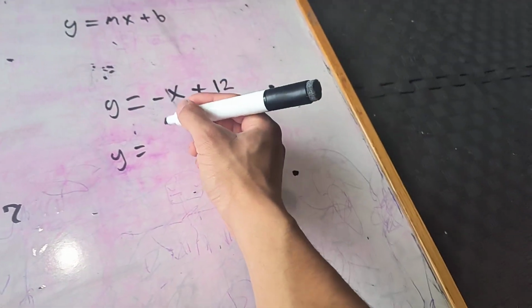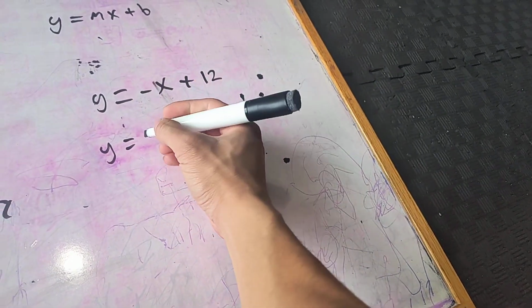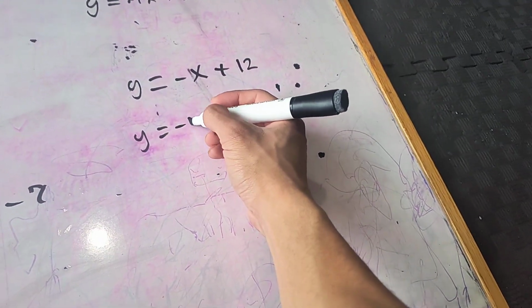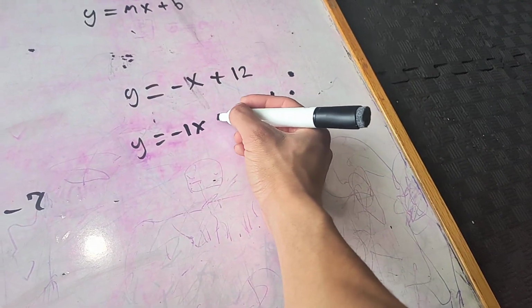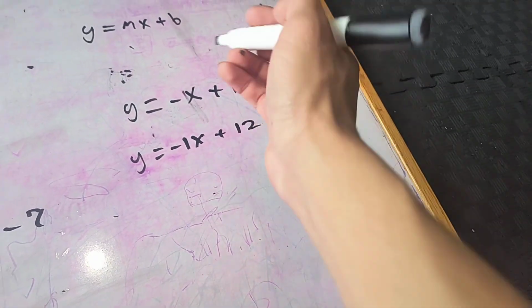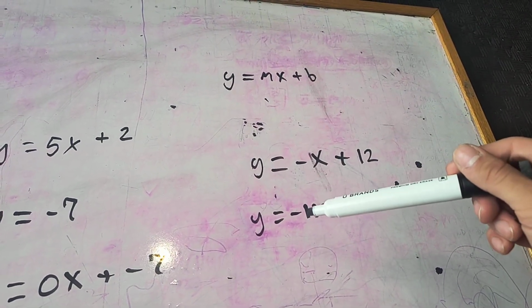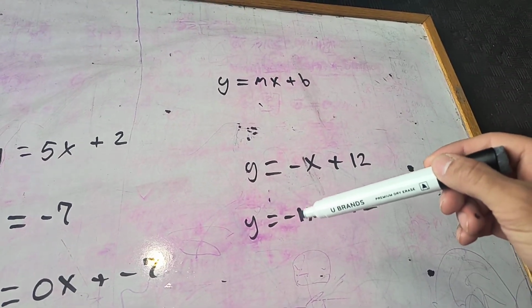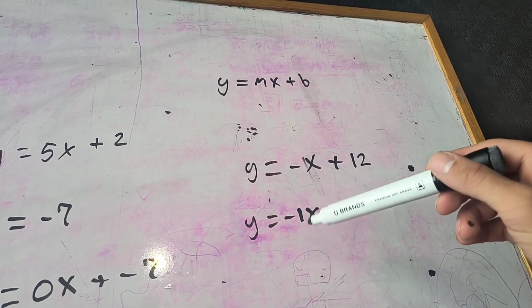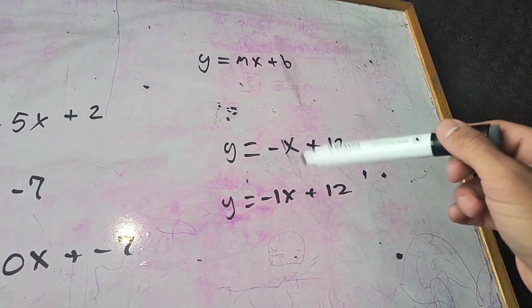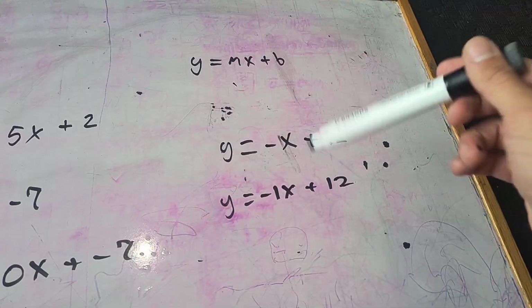We can say y is equal to negative 1 times x plus 12. In this case, it makes it a lot more clear. m is going to be this negative 1 right here. So the slope is negative 1, and b is going to be 12 right there.